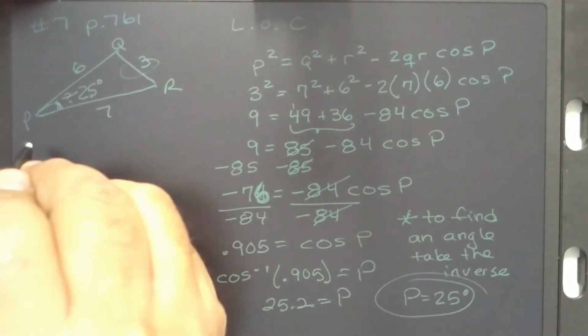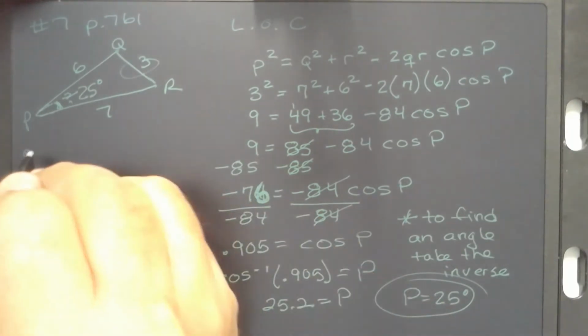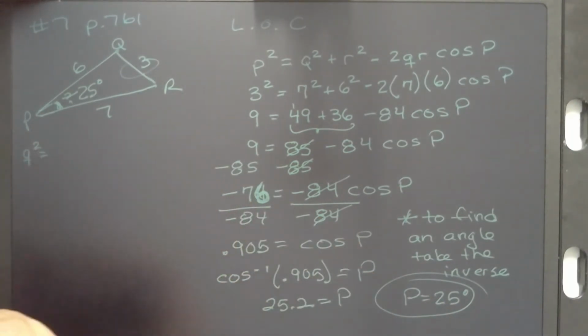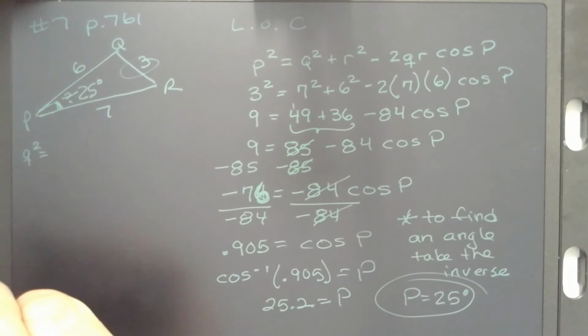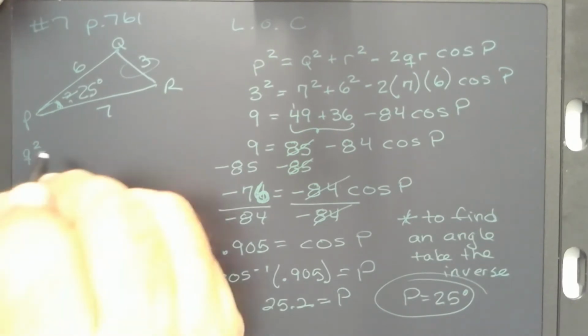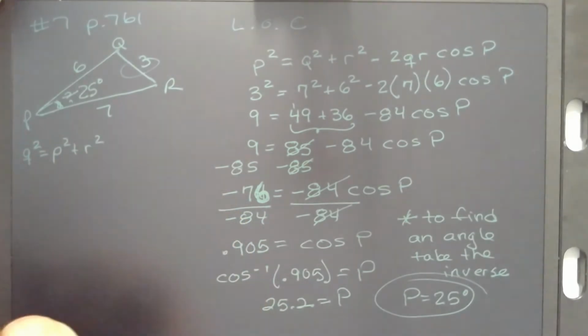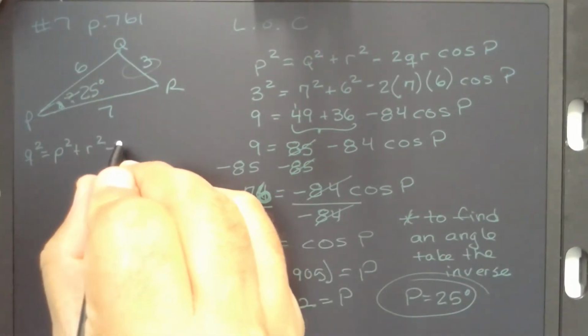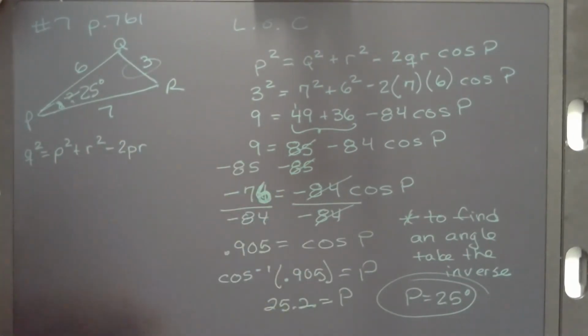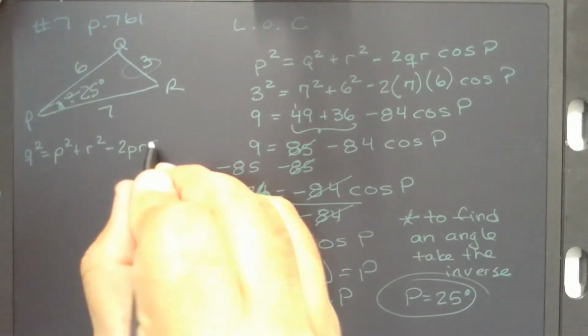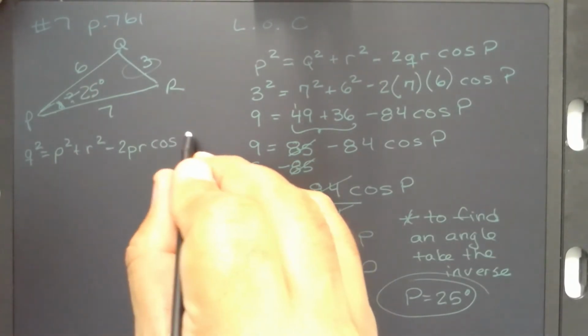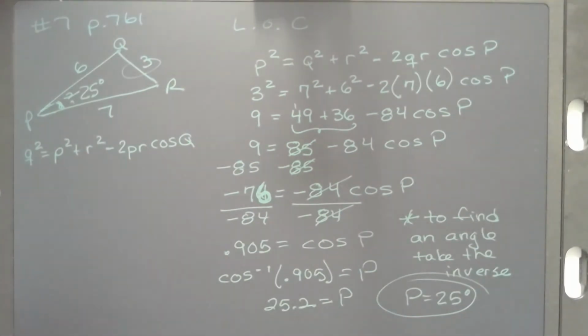All right. Well, Q squared is equal to what? P squared plus R squared minus 2PR cosine of Q. That's it. Plug in everything that we have.